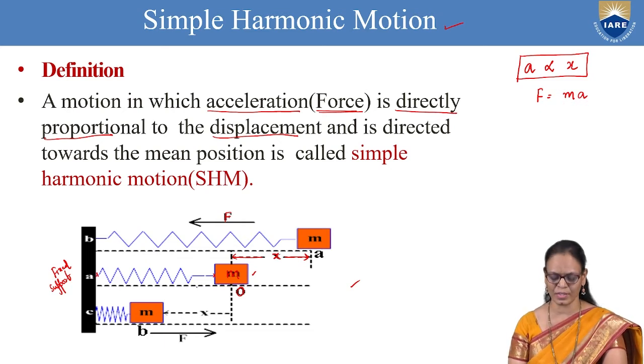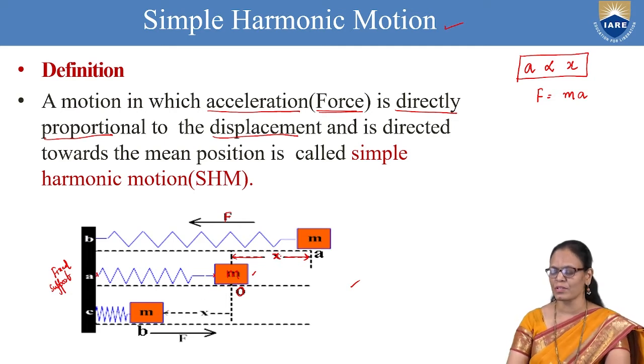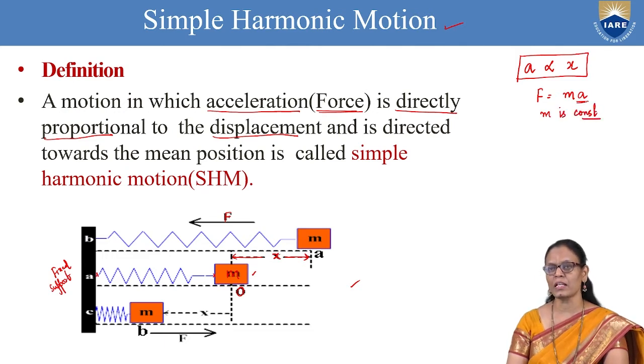And throughout this experiment, we are keeping the mass constant. So when m is constant, if a varies, F varies. If acceleration is directly proportional to the displacement, the force is also proportional to the displacement.